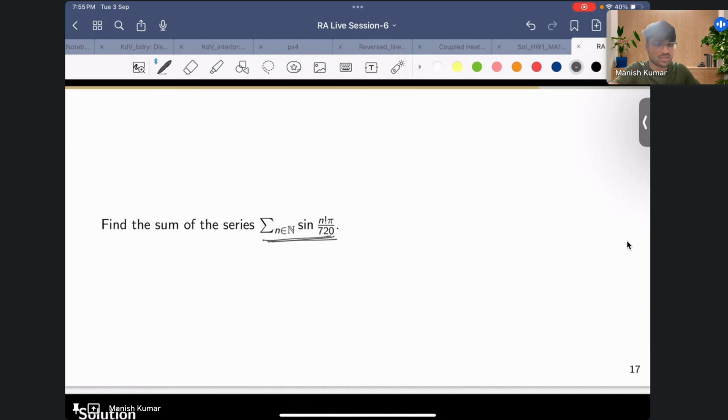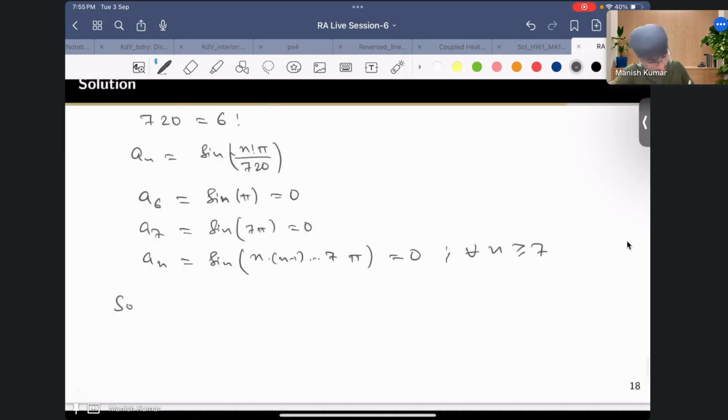So the summation from n equals 1 to infinity is nothing but the summation where n is from 1 to 5, because after 6 it is 0. So it is just a finite sum. Okay, so this is a finite number.